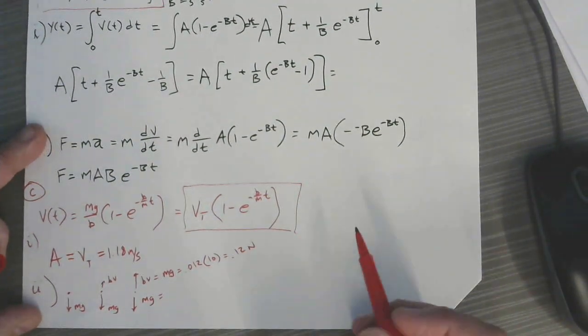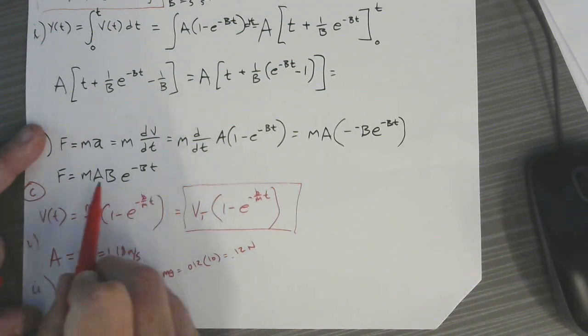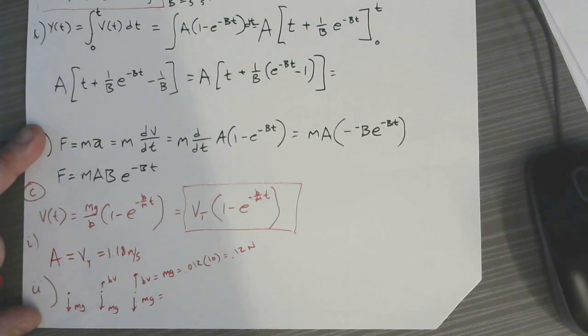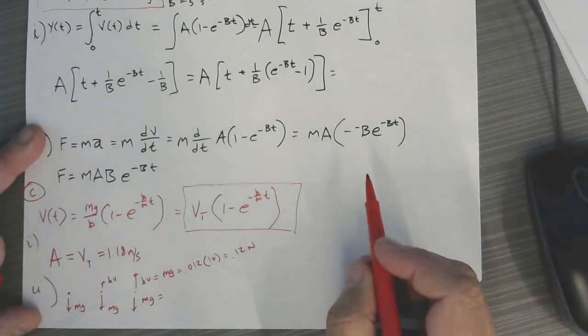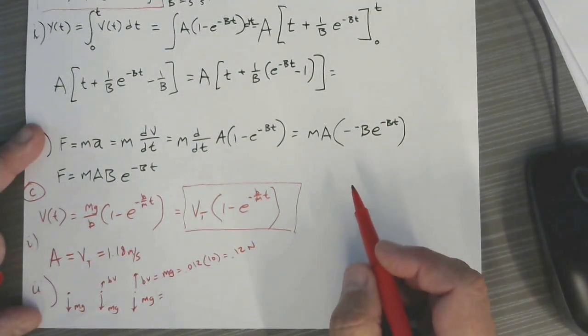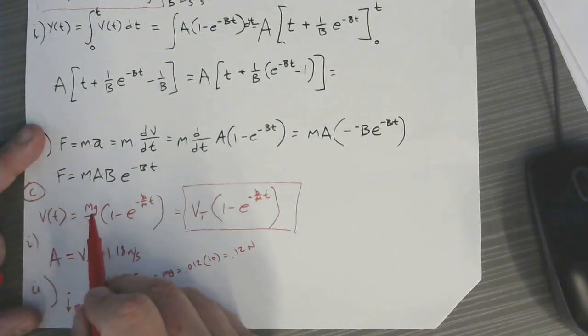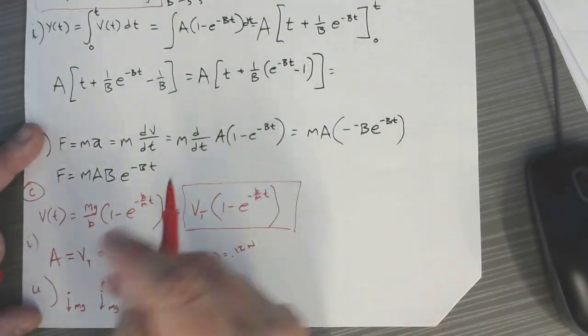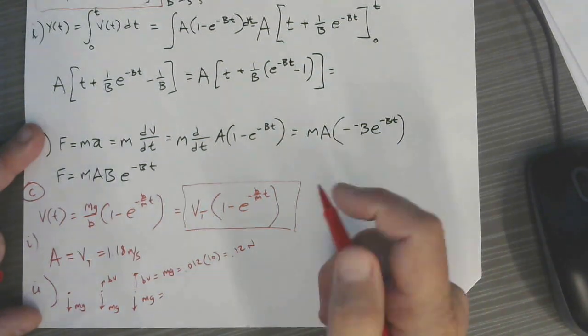The other answer would be to go back to our equation for the force. This is the force, the total force that is felt by the, yeah, I guess that's not really that much different. I was going to say we could, hmm.